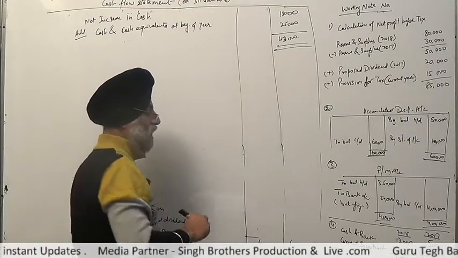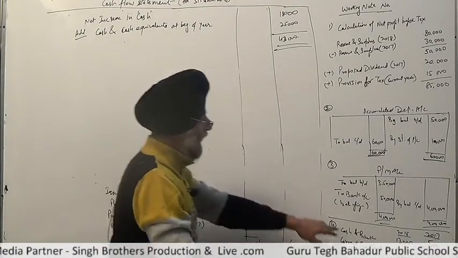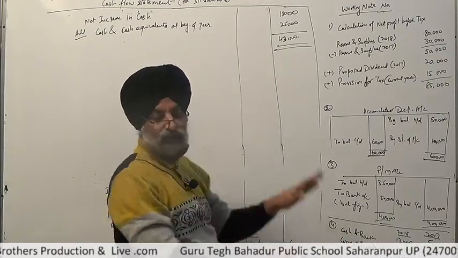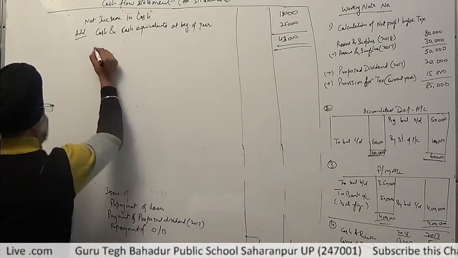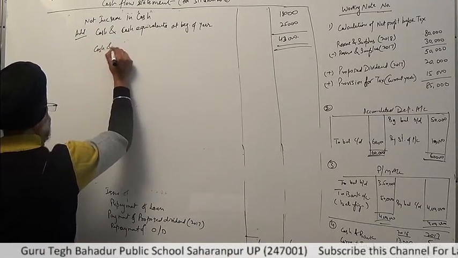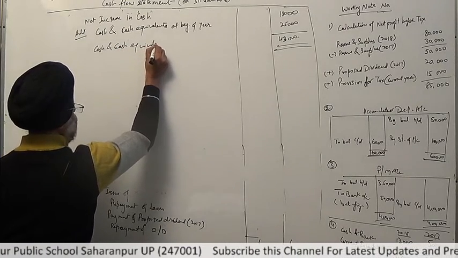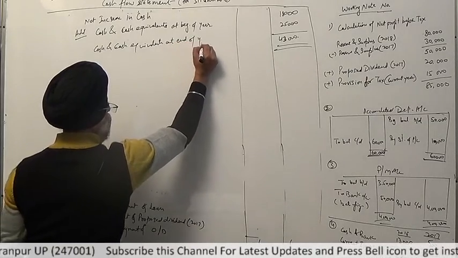Cash at the end of the year, this is 43,000, and we have also calculated 43,000. This matches with this value 43,000. So in this way this question is now completed. This is cash and cash equivalents at the end of year.